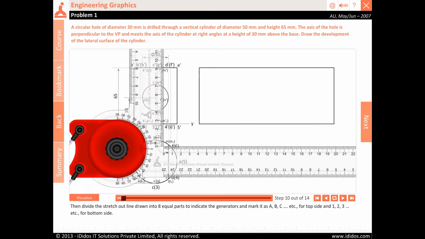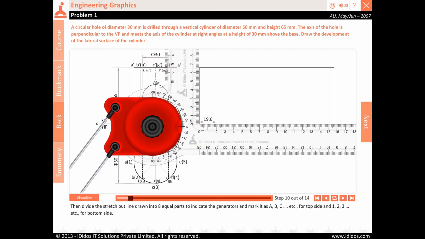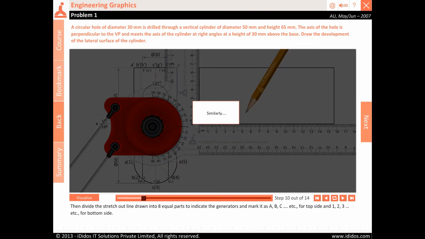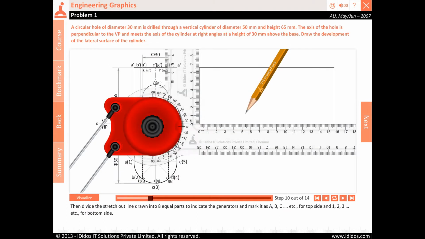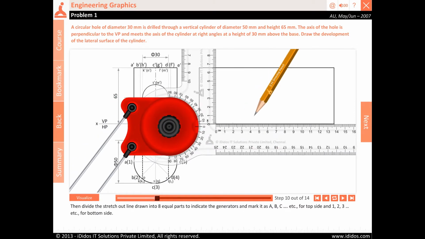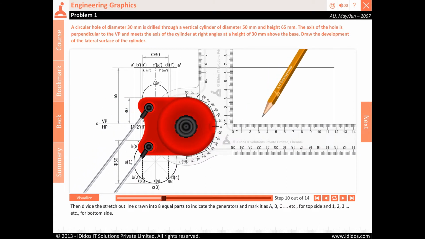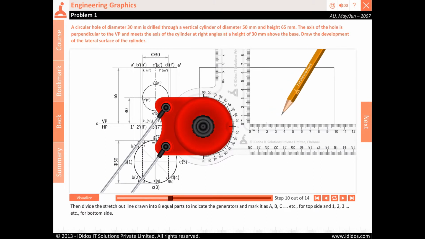Then divide the stretch out line drawn into 8 equal parts to indicate the generators and mark it as A, B, C, etc. for top side and 1, 2, 3, etc. for bottom side.